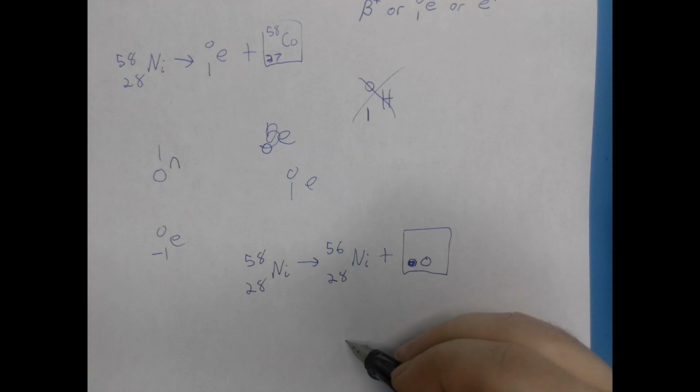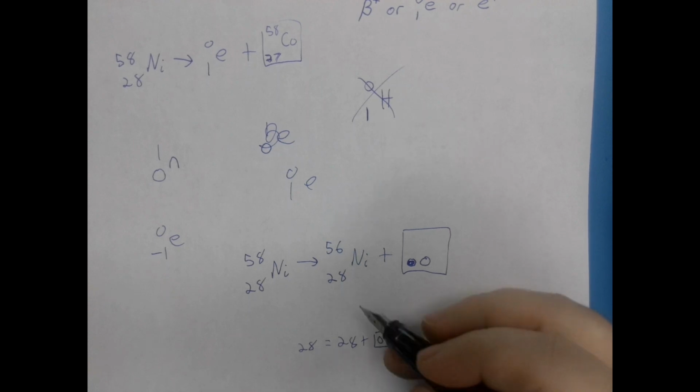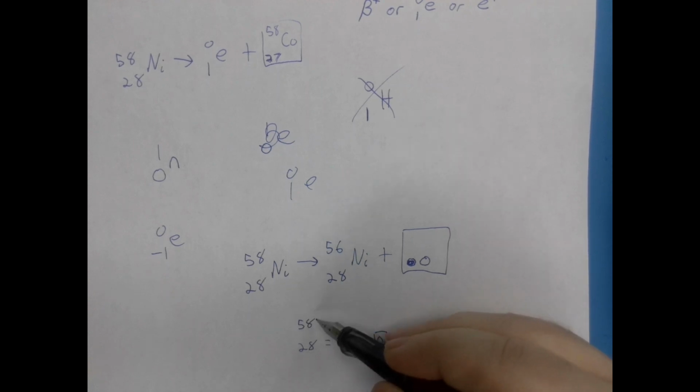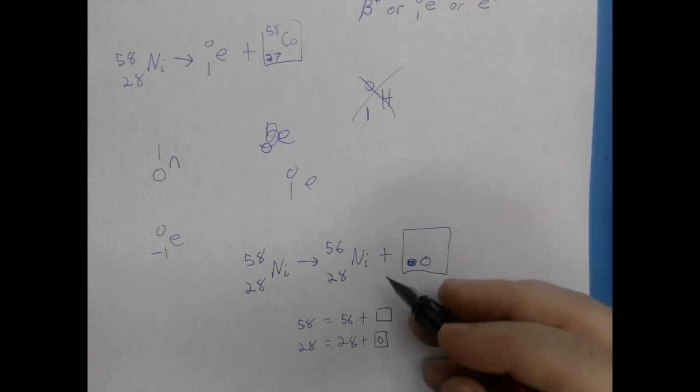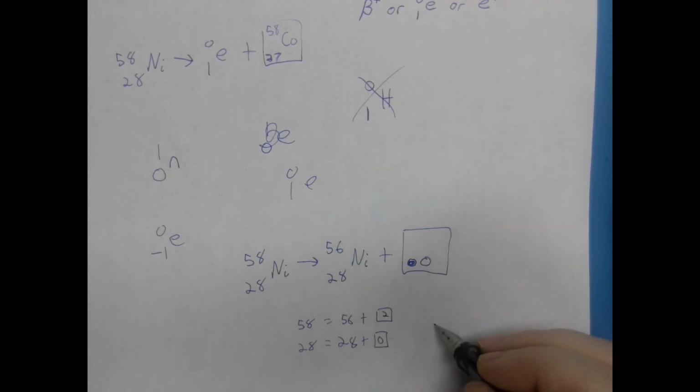So we have 28 equals 28 plus 0. The top will be 58 is equal to 56 plus what? 2. So 0 and 2, there is no particle that has 0 and 2.